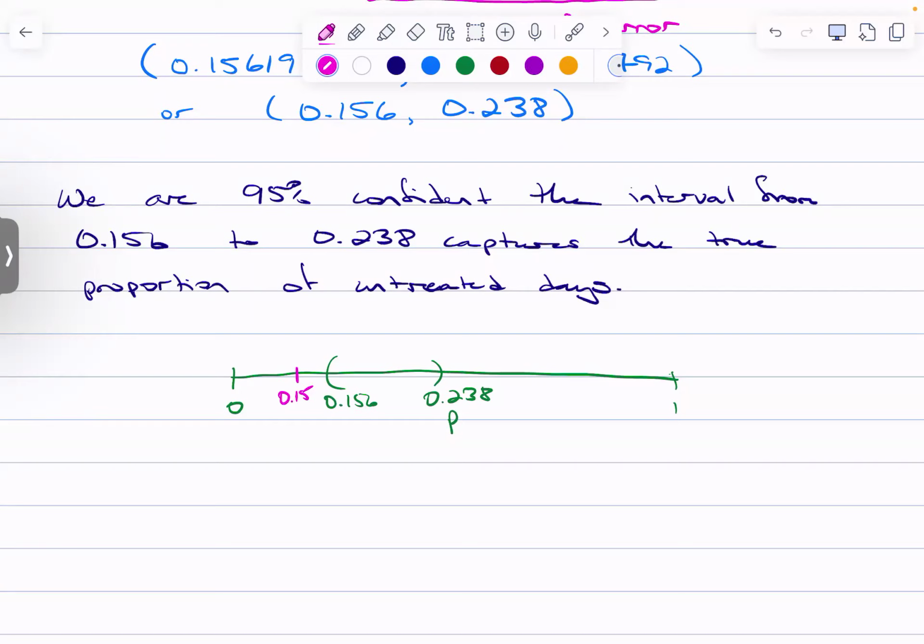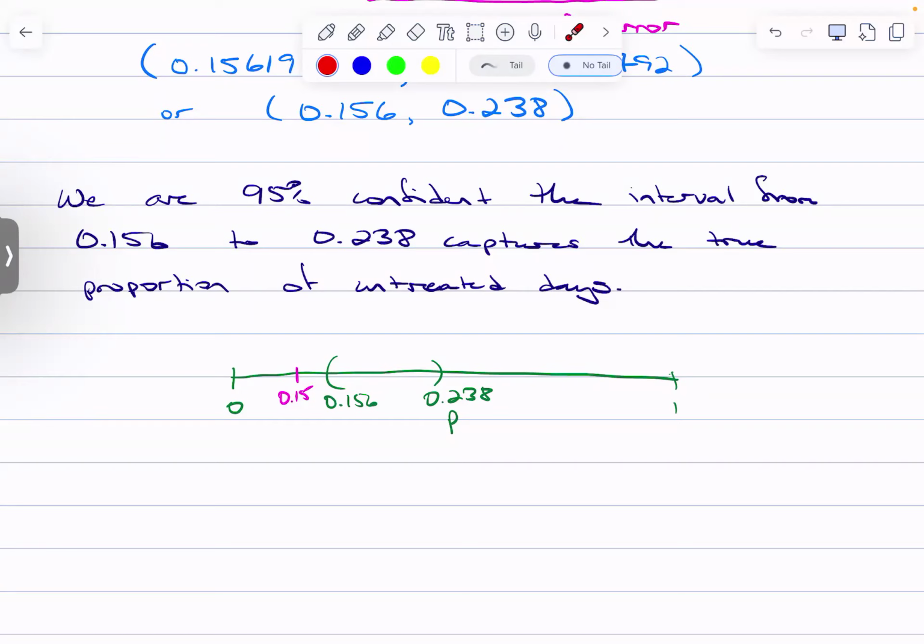Where the field is heading is just using a confidence interval instead of the p-values. But I suspect that because industry tends to take a long time to relearn things, they'll still be using p-values. That's why it's really important that we have a good handle on the p-values.